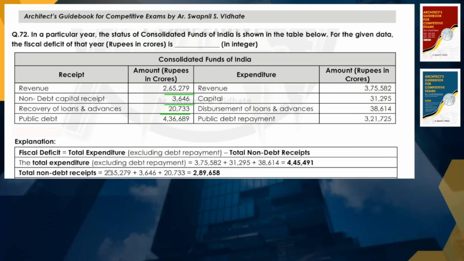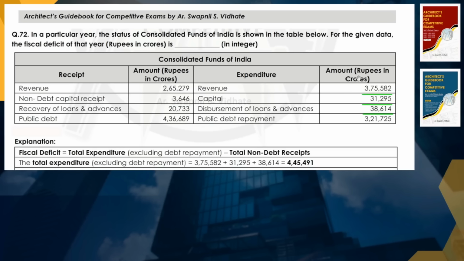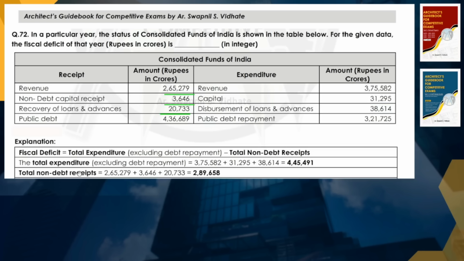So total expenditure excluding the debt repayment will be 3,75,582 crores plus 31,295 plus 38,614. That total will be 4,45,491. The total non-debt receipts, you will not consider this public debt, right? So it will be 2,65,279 plus 3,646 plus 20,733.